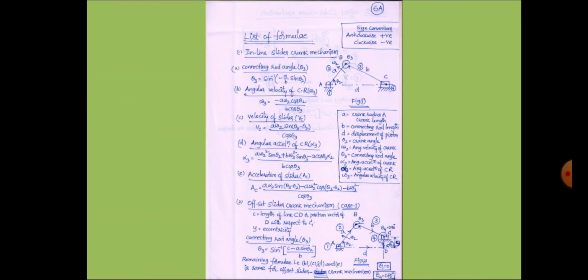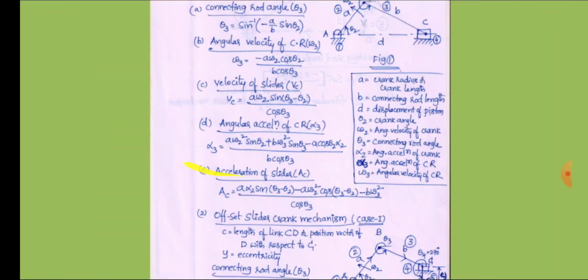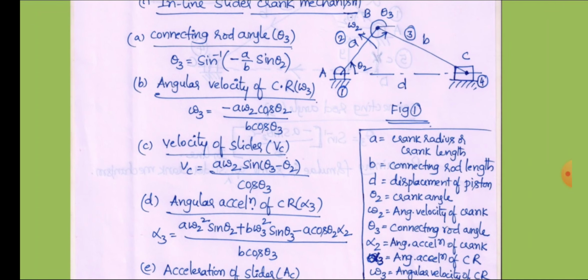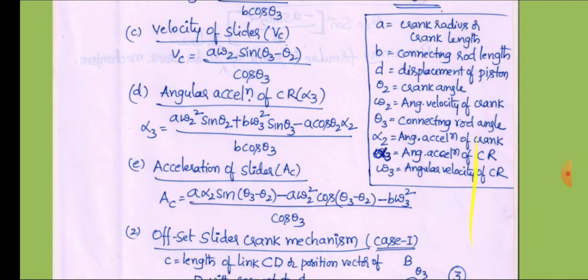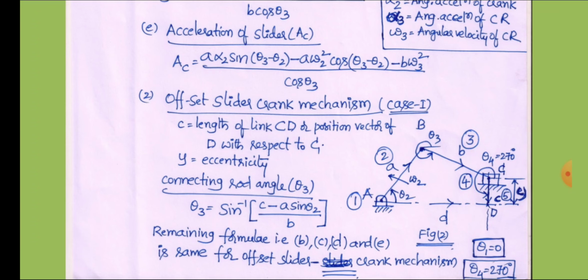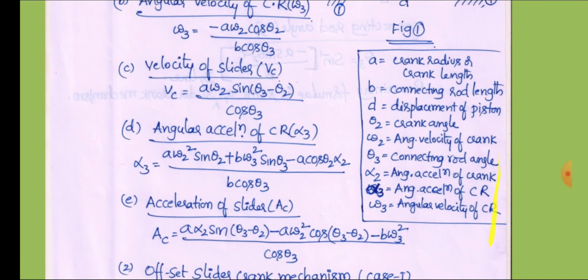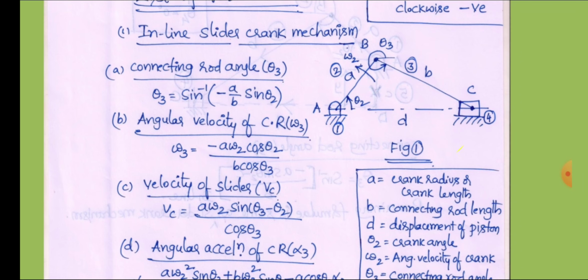Suppose the fixed link 1 and the slider, that is link 4, are away from each other vertically by some distance. You can see in figure 1, what is figure 1?